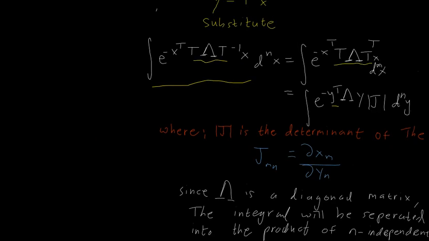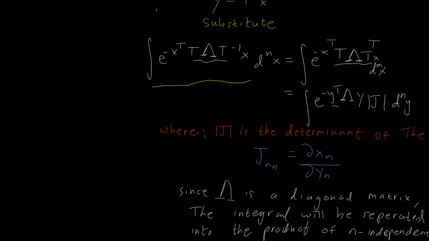How do we know this? Well, J is the determinant of the Jacobian matrix. Okay, so J_mn is equal to dx subscript m with respect to dy subscript n. Right, some multivariable calculus. Well, most of this is multivariable calculus with some linear algebra.